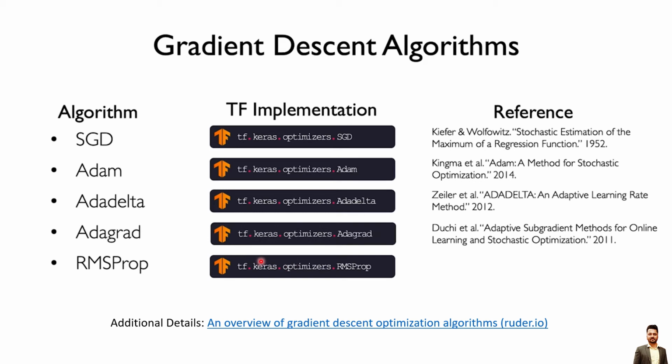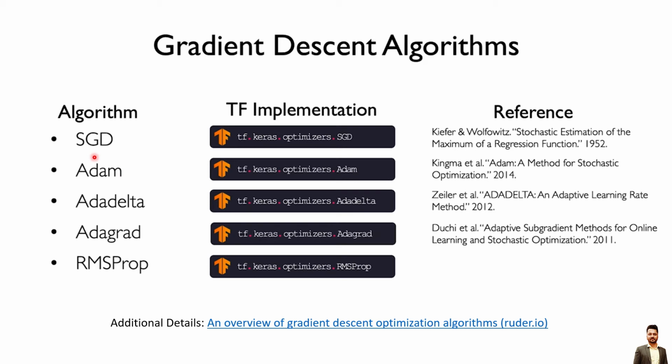Okay, so Adam optimizer, Adam is a combination of SGD and RMSprop. So Adam optimizer has multiple hyperparameters also: beta 1, beta 2, and epsilon, and the learning rate. So all these things are affecting the Adam optimizer.